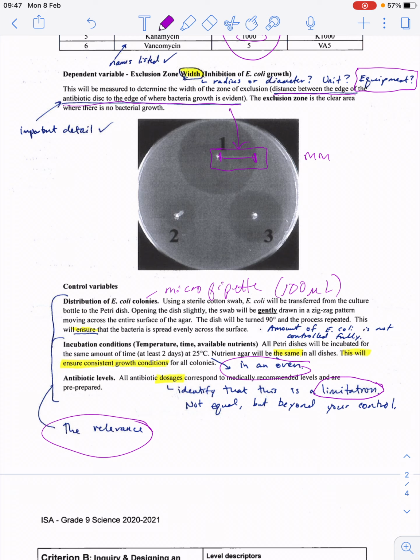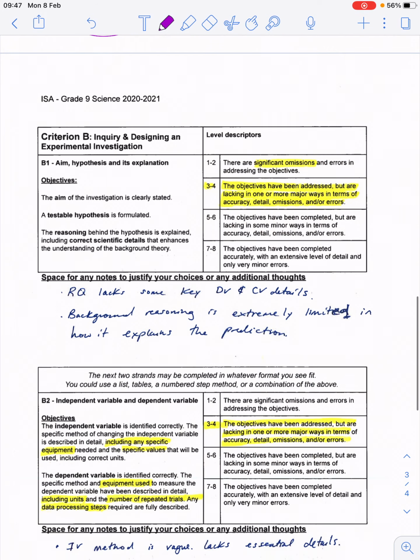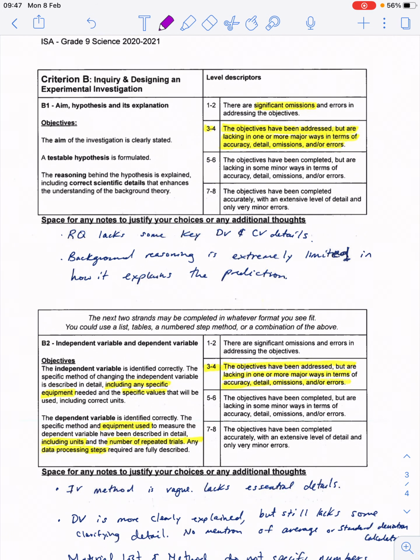So I think control variables in terms of method was okay, missing some important ideas about the volume added, the equipment used, and then missing that idea that this really wasn't controlled and there's nothing you could do about it, but showing your awareness of that lack of control. But then sort of a big omission is just talking about scientifically, why are these factors relevant? Why are they important? So I'd say the first strand was about a 3.